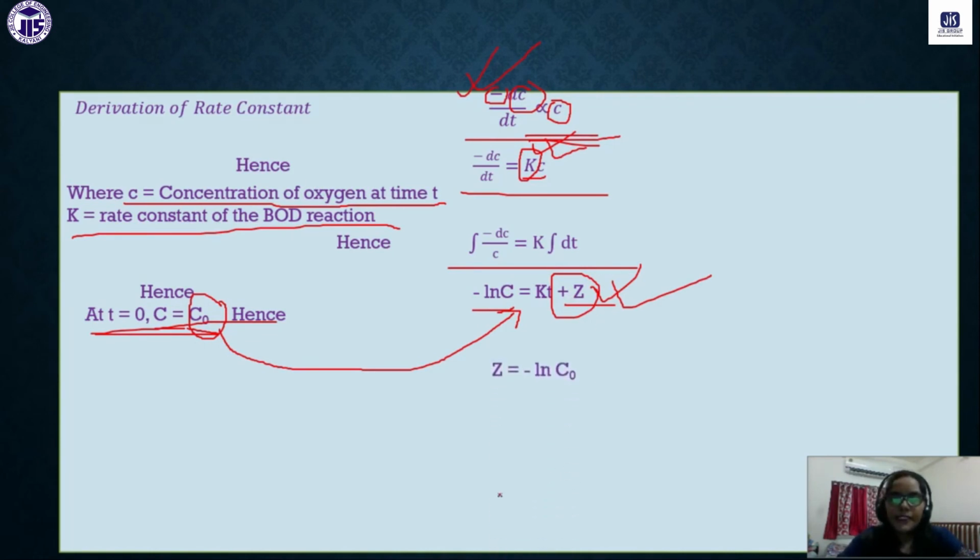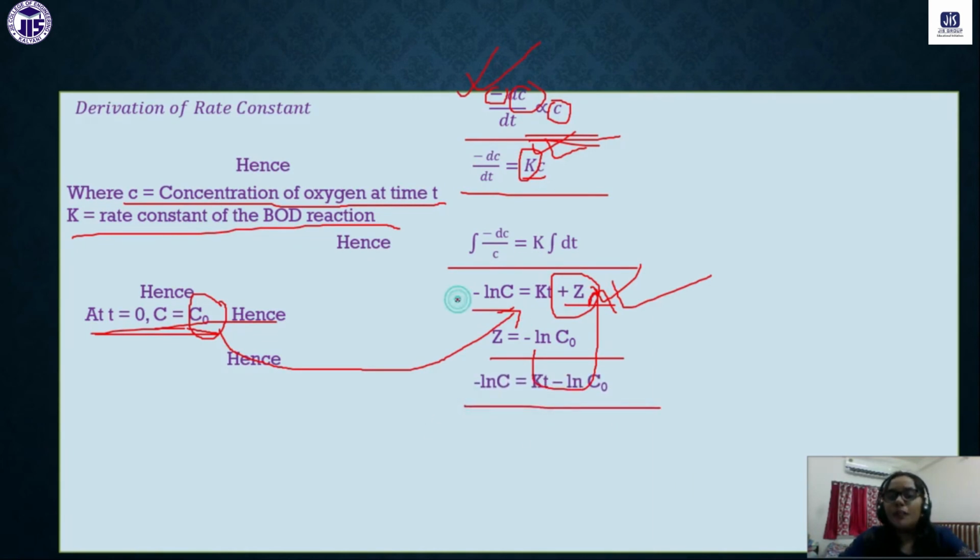You can see it. This is the z value: z equals minus ln C0. Z is the integration constant. Now we have to put this z value here. So what is the next step?